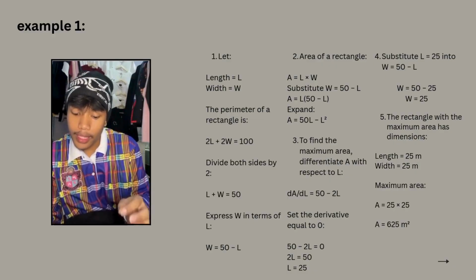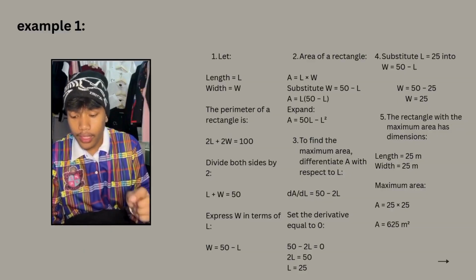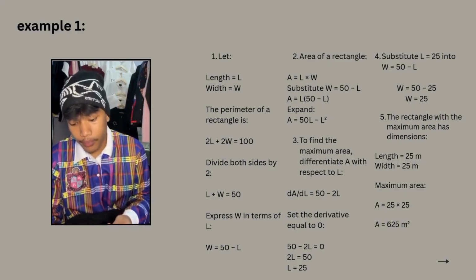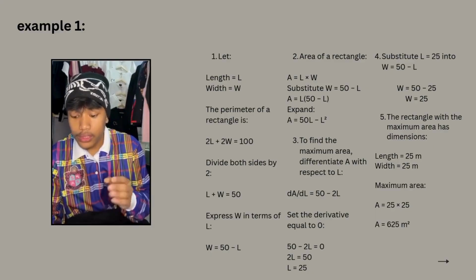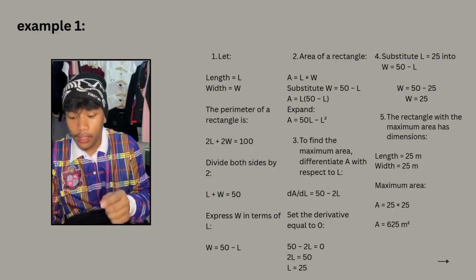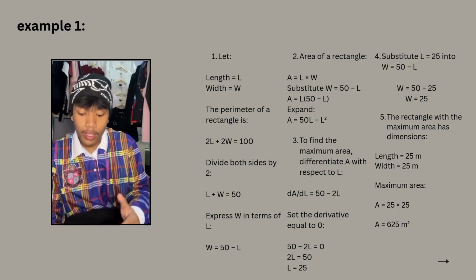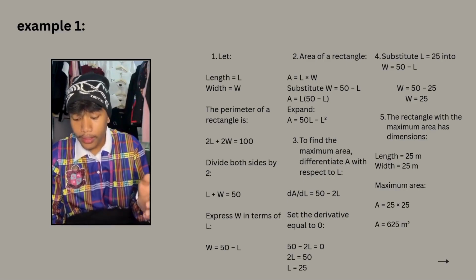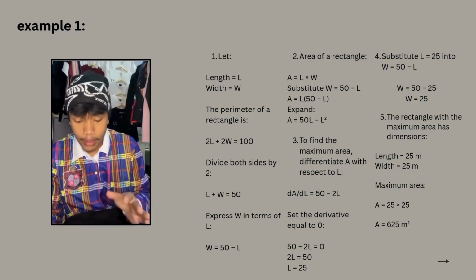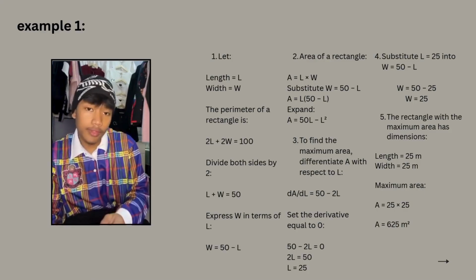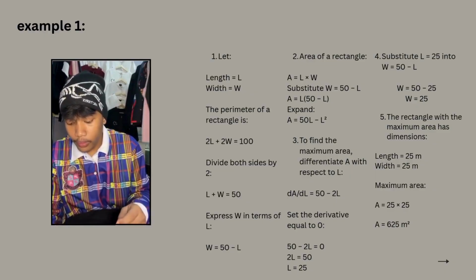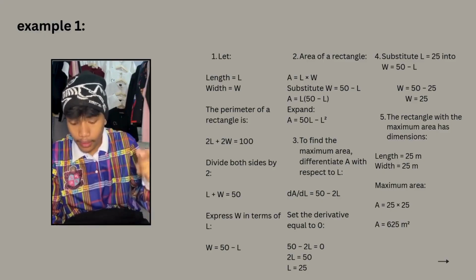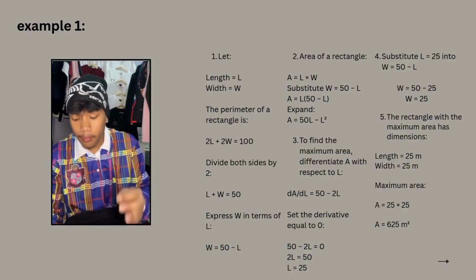Next, we differentiate the area function to find the maximum value. dA/dL equals 50 minus 2L. To find the maximum area, we set the derivative equal to 0. 50 minus 2L equals 0. Solving the equation, 2L equals 50, L equals 25. Now we find the width using W equals 50 minus L. W equals 50 minus 25.